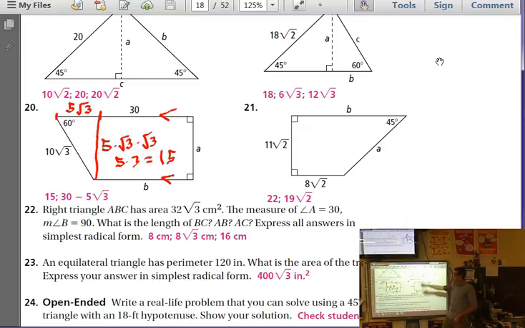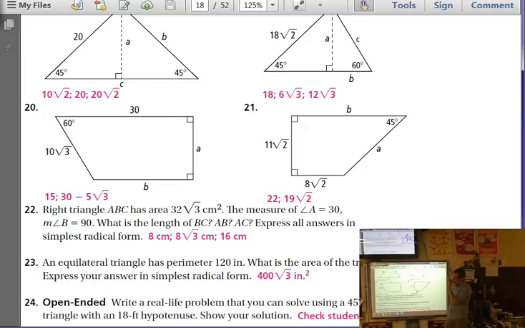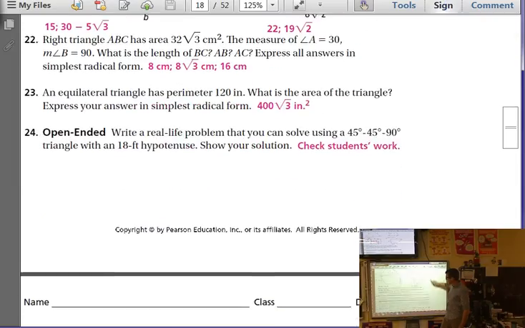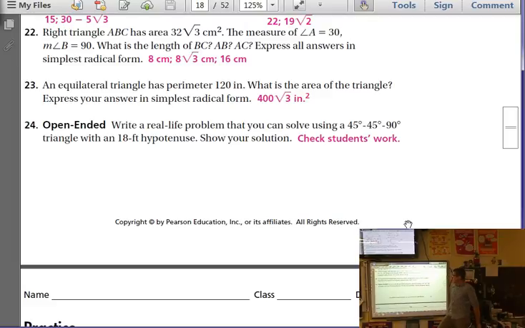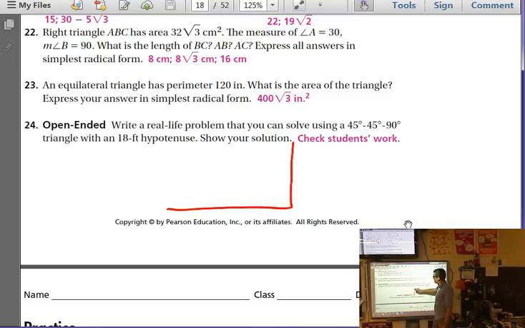Is there any type of problem that you were looking for on 24? No. I mean, there's a lot that I could create, but there's no specific type. Like what we were talking about, 45, 45, 90. When Estes was talking about his arborist.